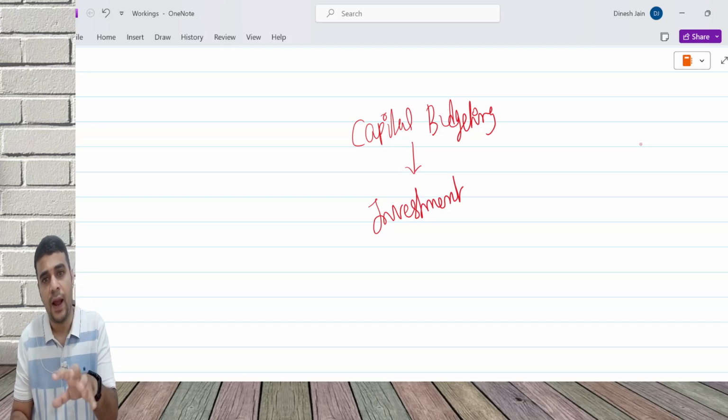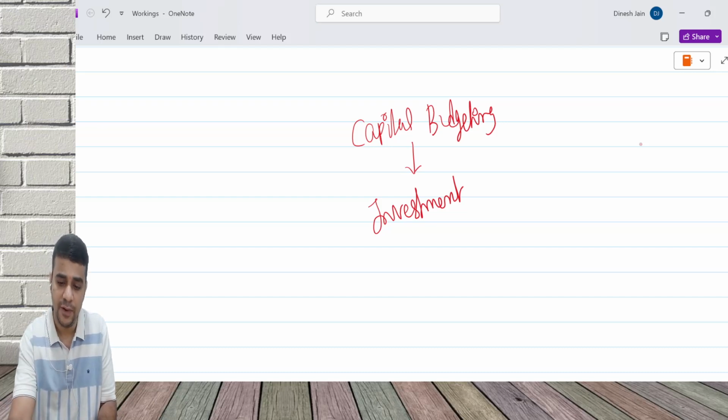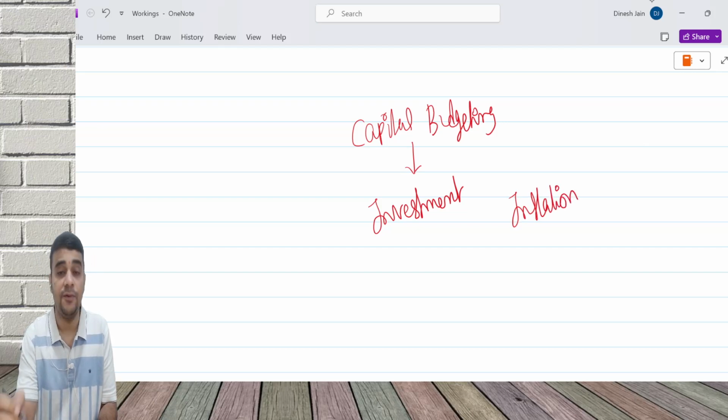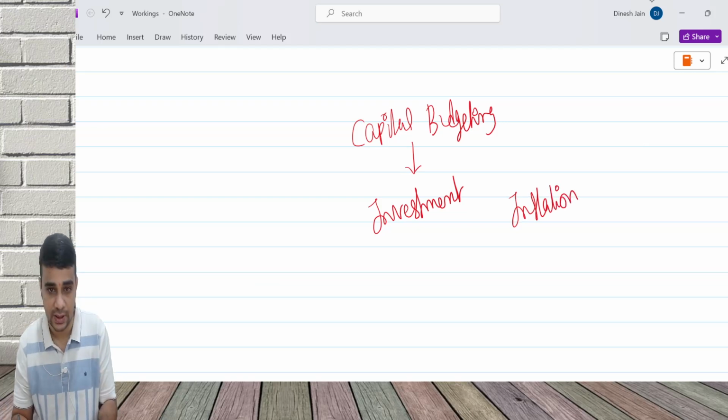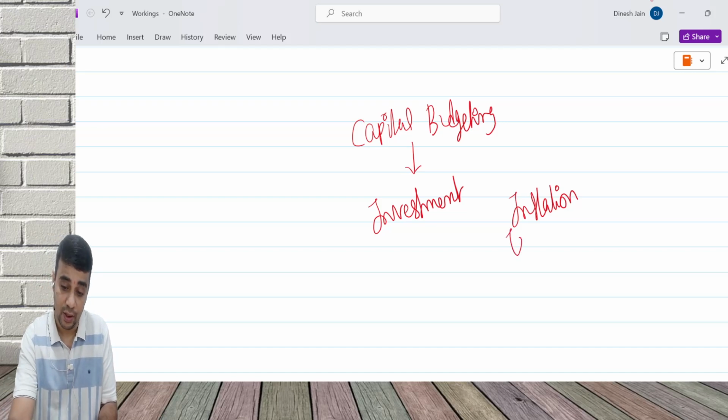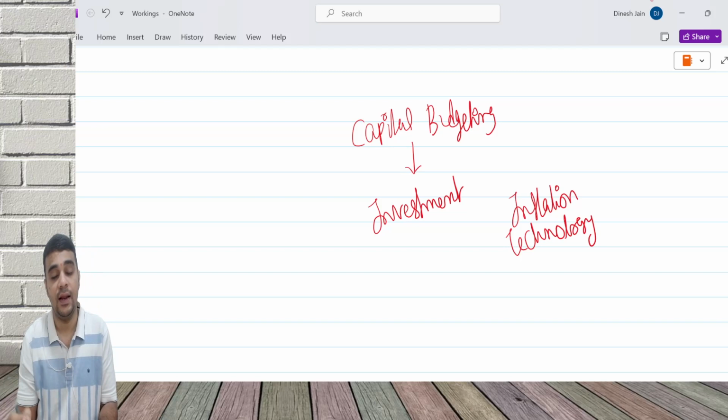Some of the factors which the ICAI material discusses are inflation. How is the impact of inflation on a capital budgeting decision? Technology is another factor which we are analyzing. Government decisions.